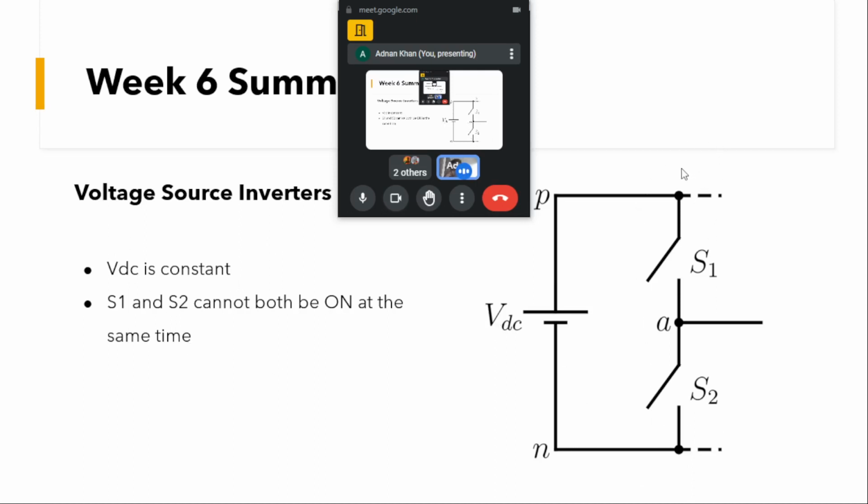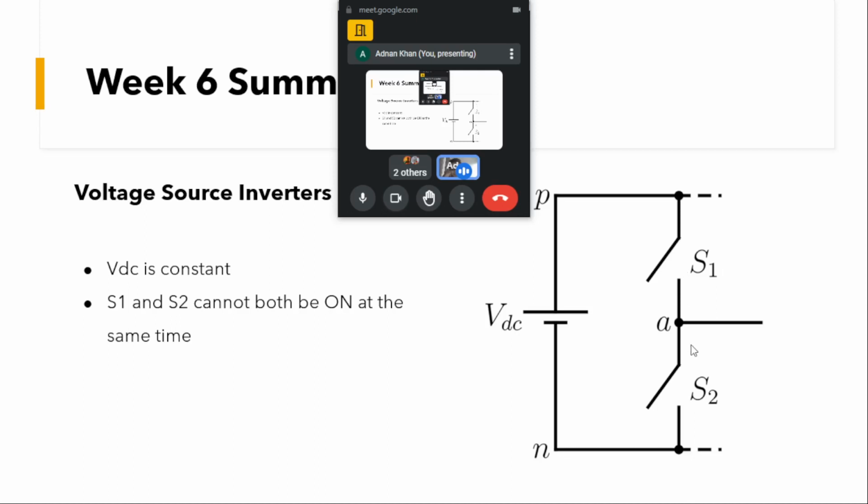We have one leg of switches, S1 and S2. S1 is connected to the positive rail of this DC voltage source, and the bottom terminal of S2 is connected to the neutral point, the negative terminal of the DC rail.